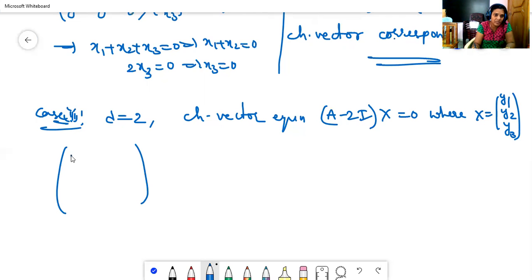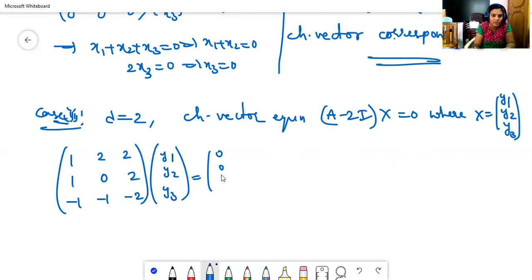3 minus 2 is 1, 2, 2. 1, 2 minus 2 is 0, 2, minus 1, minus 1, 0 minus 2 is minus 2, 2. Y1, Y2, Y3 is equal to 0, 0, 0.